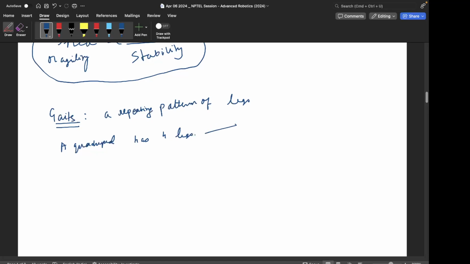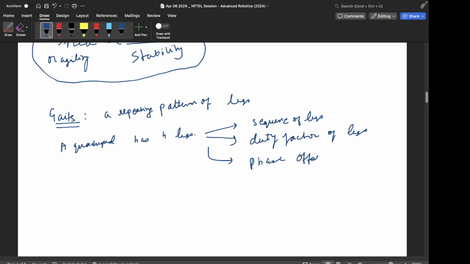And what all can vary? The sequence of legs, and the other thing is the duty factor of legs, which I will describe, and the phase offset of legs. Phase offset and sequence can be related to each other.